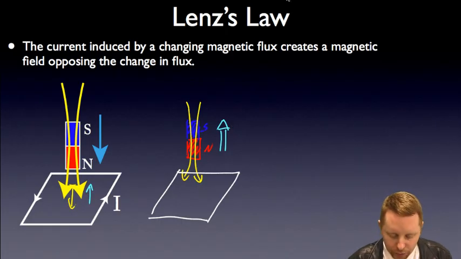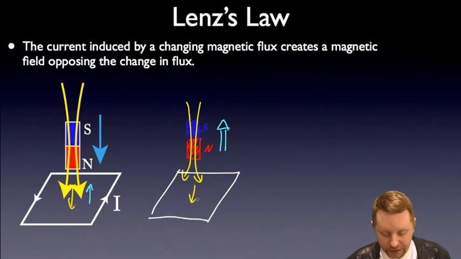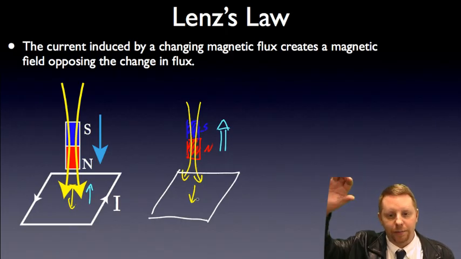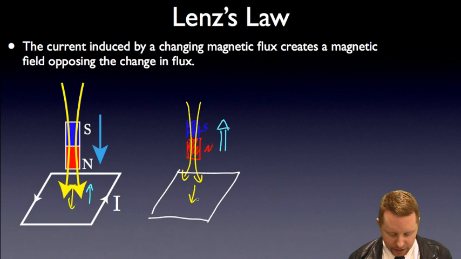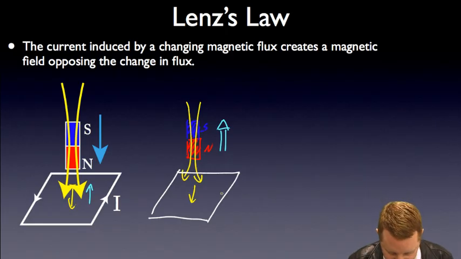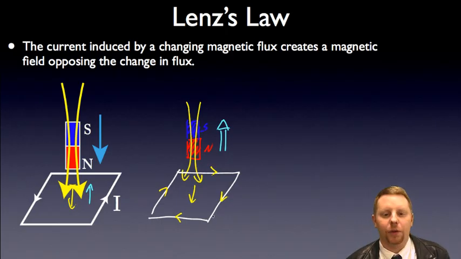So as it's being pulled up, the flux through this surface is decreasing, which means the induced current wants to counteract that change. It wants to go back in the same direction. So now by the right-hand rule, I point the thumb of my right hand in the down direction and wrap my right-hand fingers around it. And what I see then is that I'm going to have a current flow in that direction, clockwise now. So, those are ways to use Lenz's law to tell you the direction of the induced current.